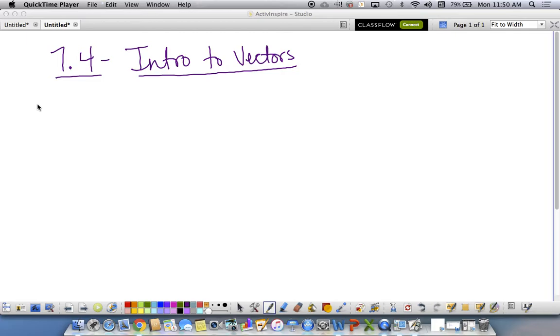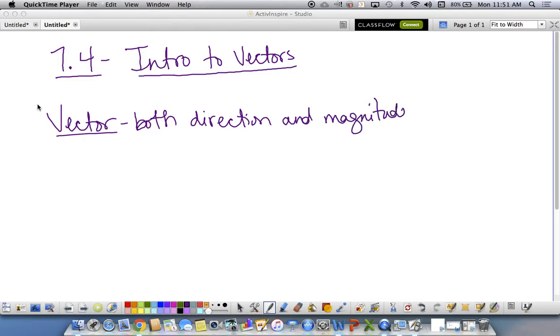Vectors are what? A vector is a quantity that includes direction and magnitude. A vector has both direction and magnitude.